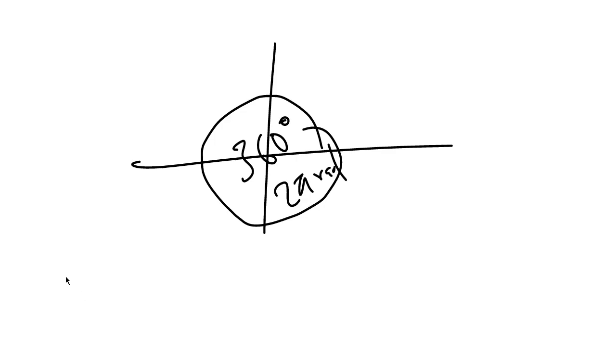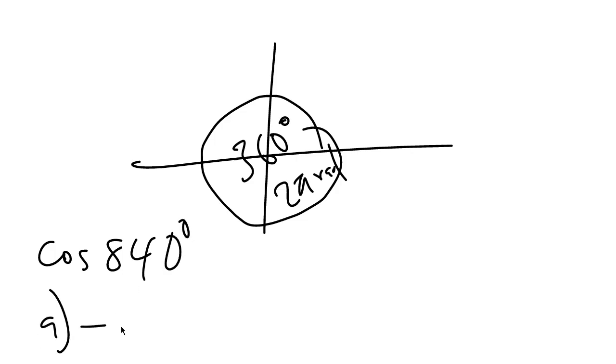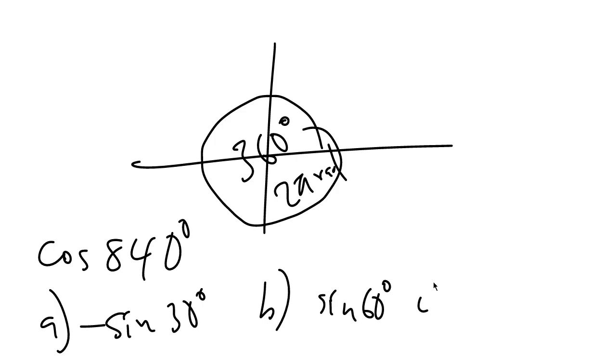So in the exam, they could ask you which of these is equivalent to cos 840 degrees. And the options may be: option A, negative sin 30; option B, sin 60; option C, minus cos 120; and option D, cos 60.